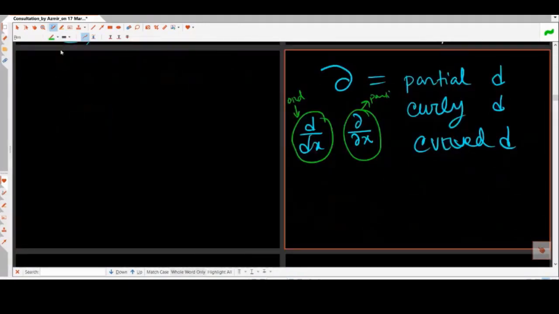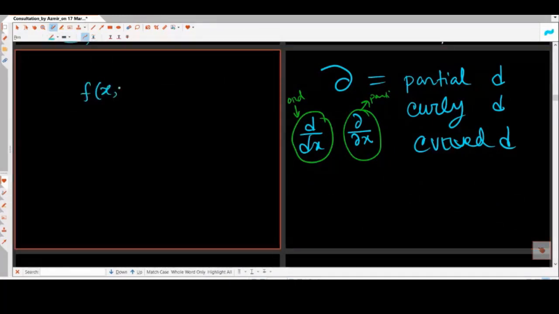Suppose we have a function f(x, y) = x squared y. This function has two inputs. That means we have a function where x and y are inputs. These are called functions of several variables.